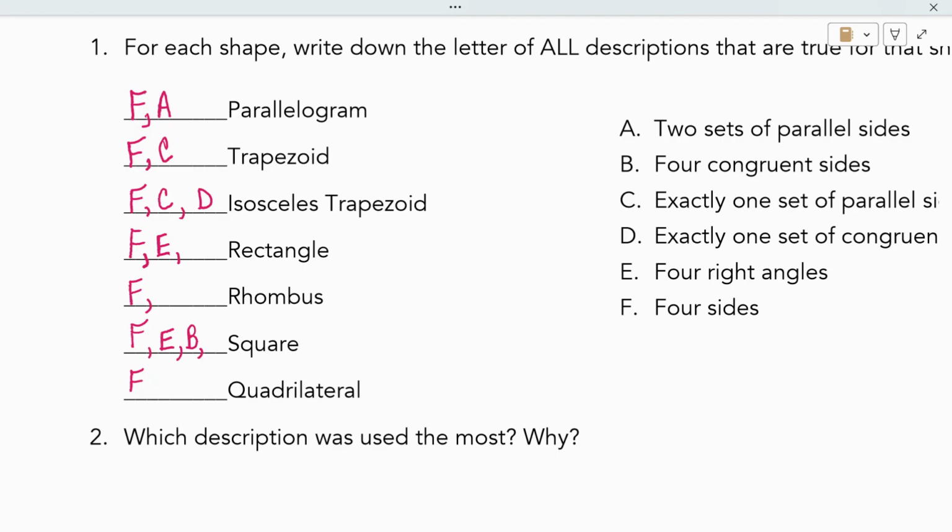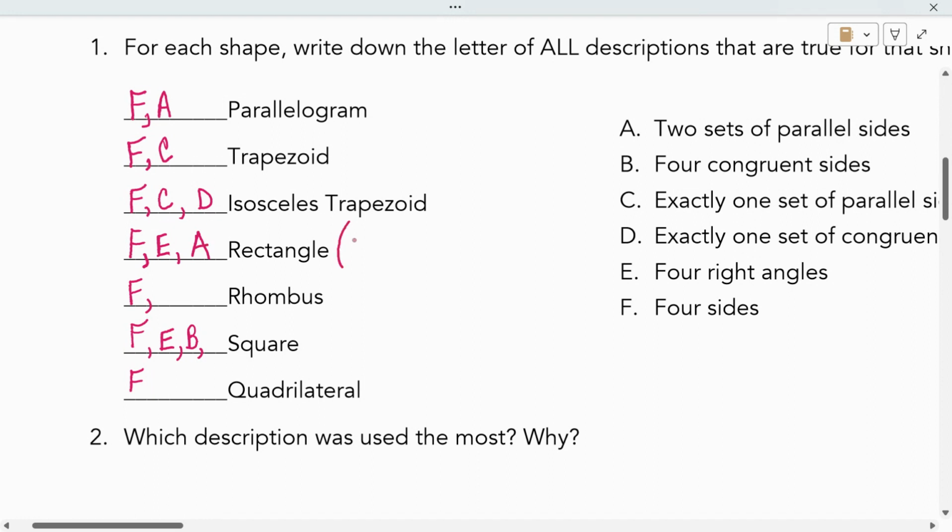I think that we're missing something for our rectangle. 4 right angles, we've got that. 4 sides, we've got that. 2 sets of parallel sides. Oh my goodness.